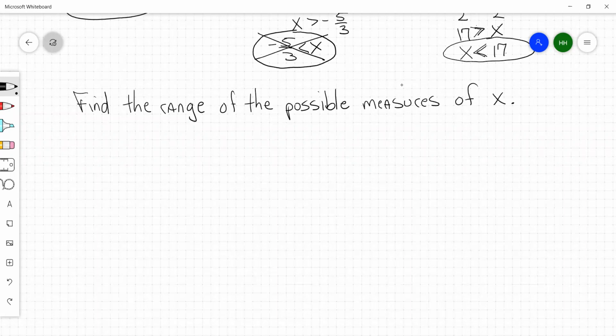And now you get an 8, an x, and you get a 12.